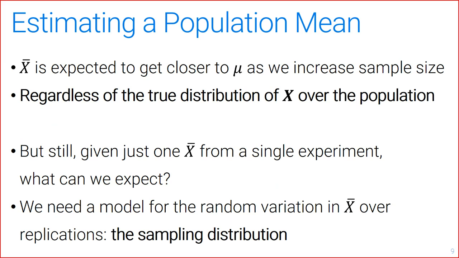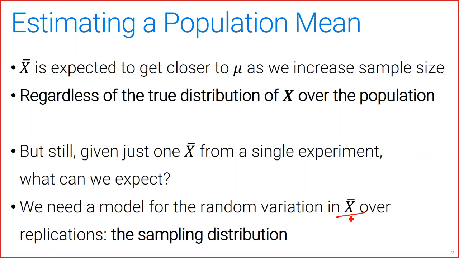That's fine. Regardless of the true distribution of the data, we don't care if it's Gaussian or gamma or beta or whatever. We don't care about the shape of the distribution. We know that it's going to get closer. Still, this is for only one single experiment. What can we expect? So somehow we need a model for the random variation in the sample mean over replications of the experiment.